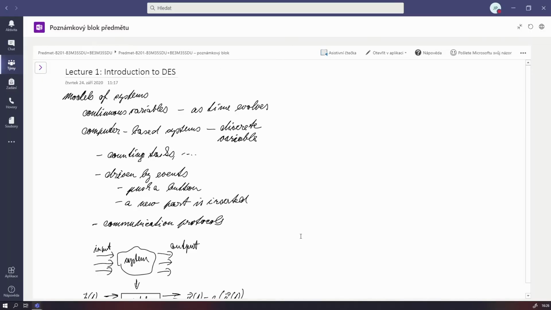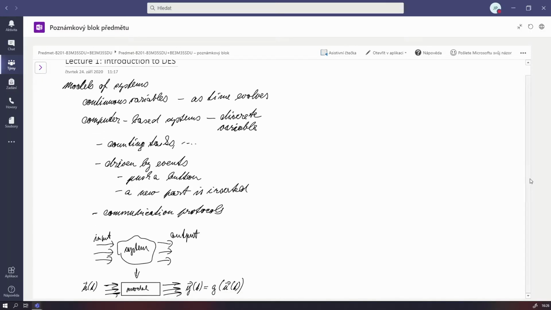So we have systems which are time varying and systems which are time invariant.